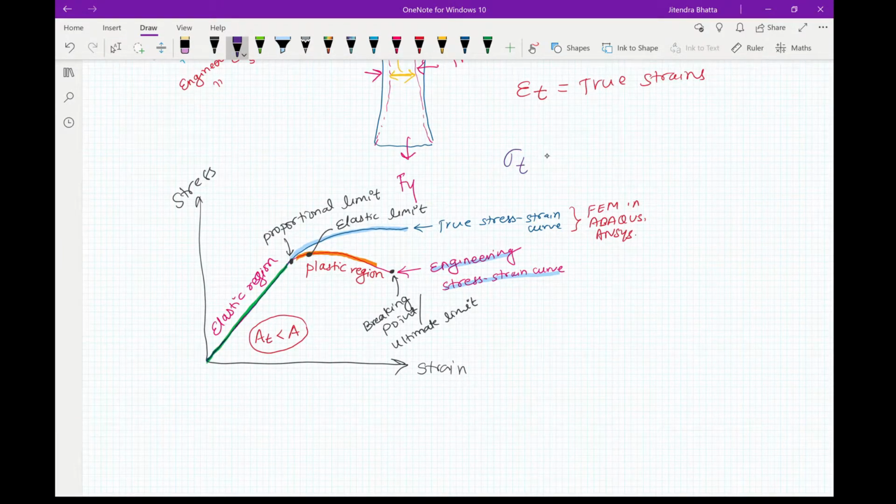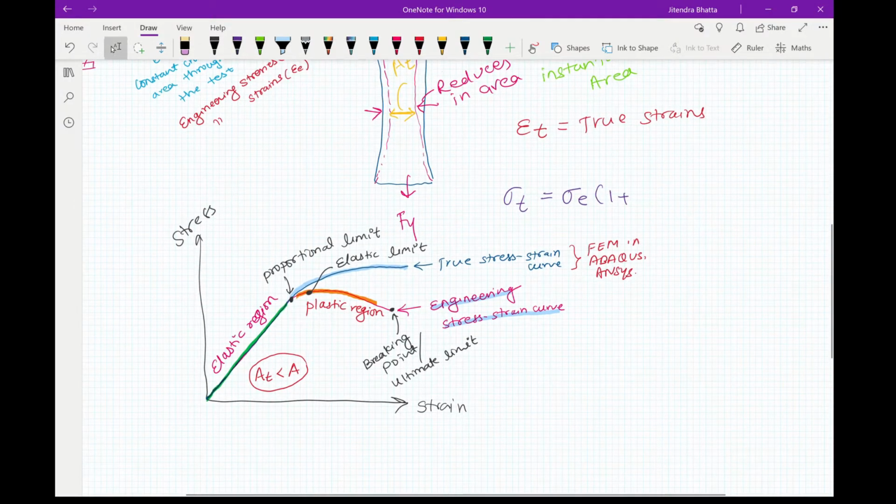Your true stress will be given by engineering stress times 1 plus engineering strain, and your true strain will be given by natural log of 1 plus engineering strain.